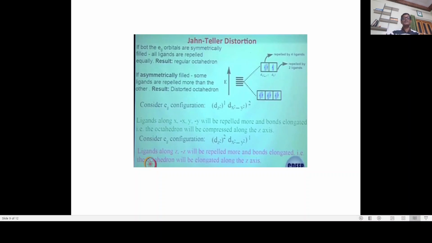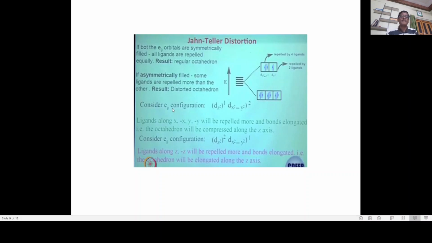Next important is Jahn-Teller distortion. You can find that when the orbitals are regularly filled, 2 and 2, 1 and 1, there is no problem and your octahedral structure is regular. But if it is 2 and 3, 2 and 1, that is asymmetrically filled in the E or T2G orbitals, then there is a problem.